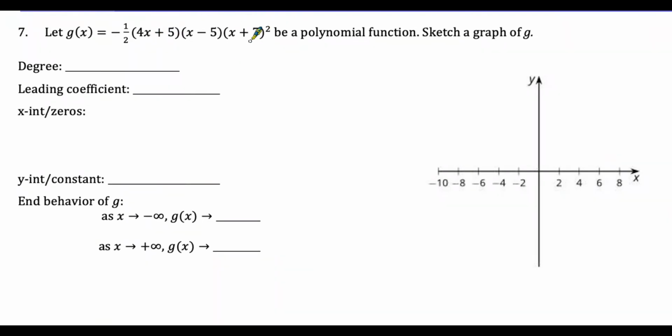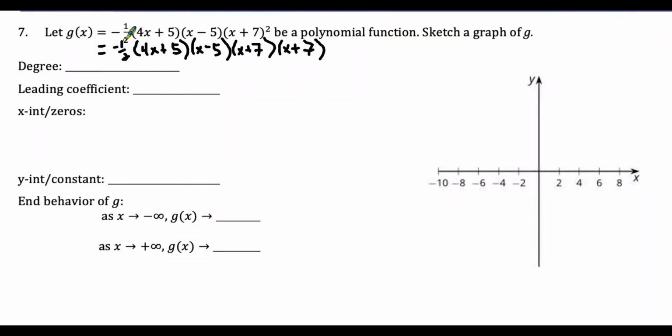Now, one thing that I do think is helpful is if we have a factor that is raised to a power, I think it is helpful to write out all of those factors like this. So if I've got x plus 7 to the second power, I'm just going to write that out twice. And the reason I think that is helpful is because if I want to find my leading term, I'm going to take any coefficient that's all the way out in front times every term that has an x.